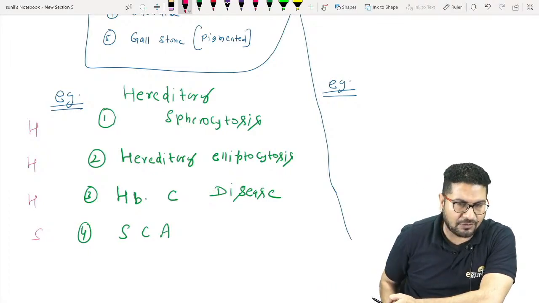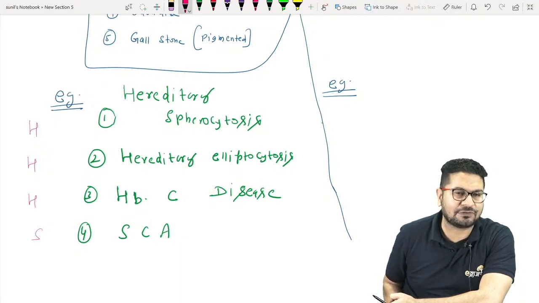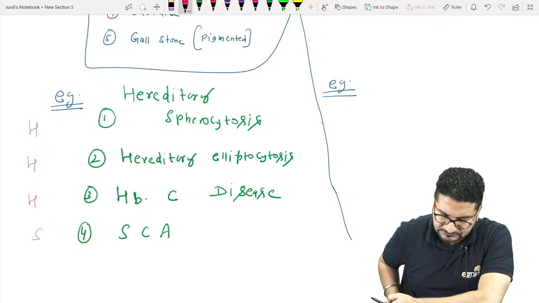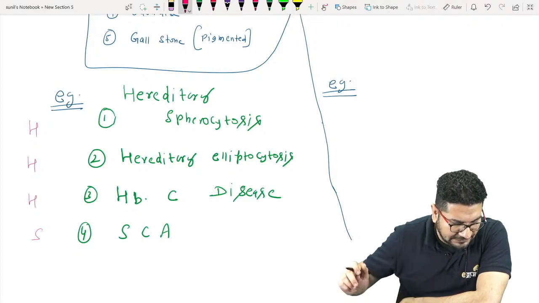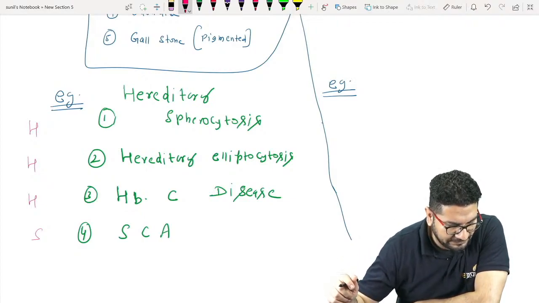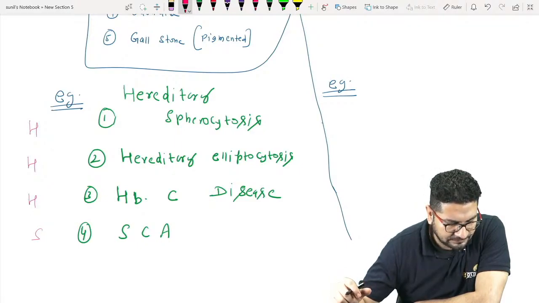So these are the causes of predominantly extravascular hemolysis. Am I clear, guys? Any doubt till now?